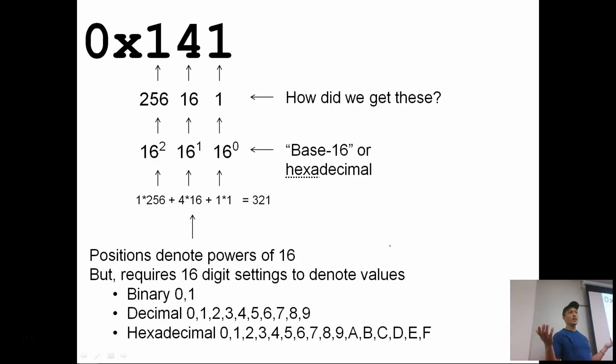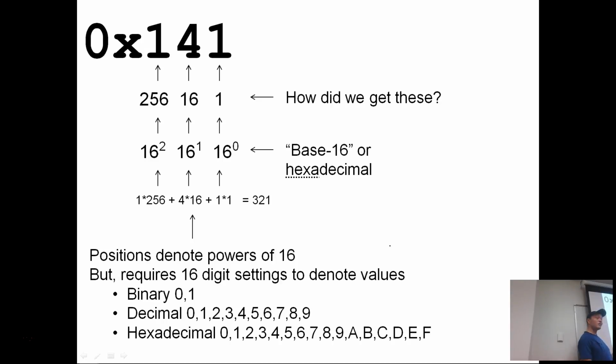We only have 10 numbers, 0 through 9. So in order to represent the last 6 values, we use letters. Binary, you only need 2, so that's why there's only 0 or 1. Decimal, you need 10 digits, so that's why we get 0 through 9. Octal is base 8, so you need 0 to 7, but we don't need base 8.